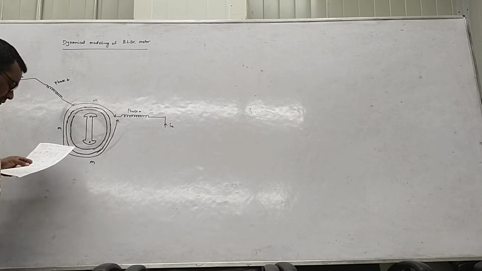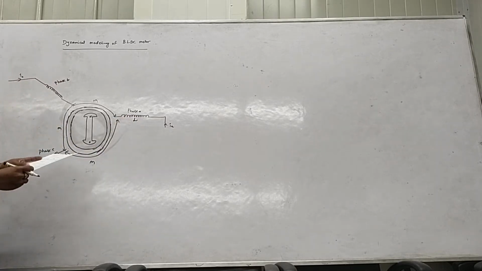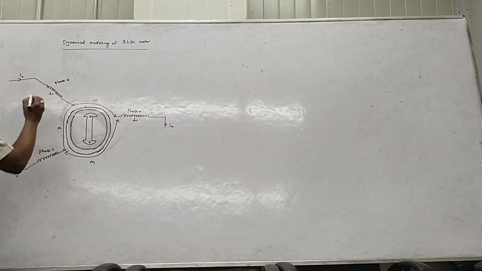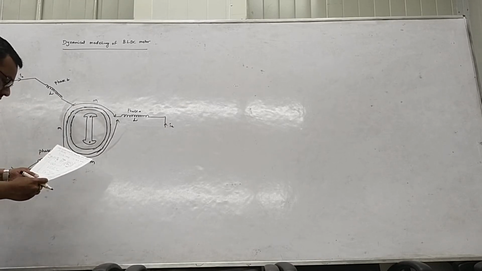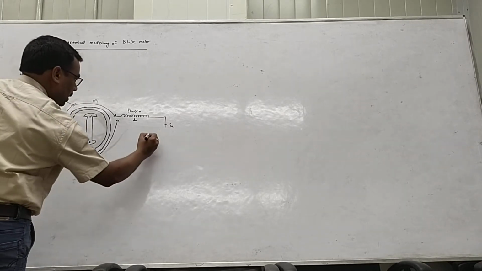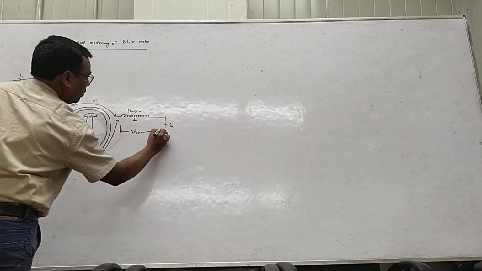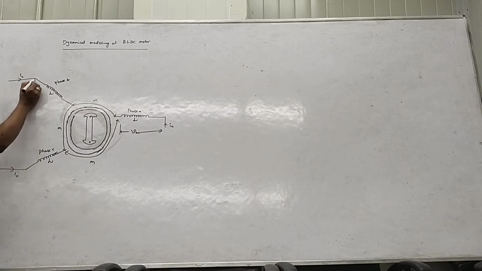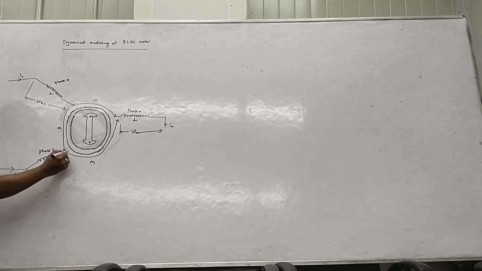Here, north pole and south pole, and the self-inductance of phase A is L, the self-inductance of phase B is also L, and the self-inductance of phase C is also L. Let us assume the voltage in coil A is VAN, the voltage in coil B, or phase B, is VBN, and the voltage in coil C is VCN.